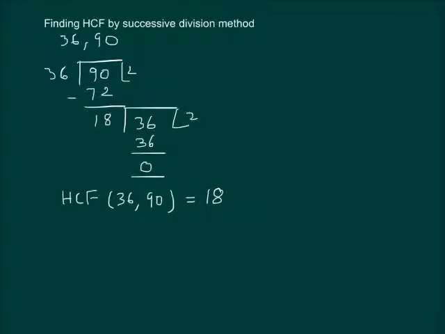Let us take another example. Suppose we have to find the HCF of 185, 407 and 333. Then also we can use the long division method. We first start by finding the HCF of 185 and 407. Let us divide.